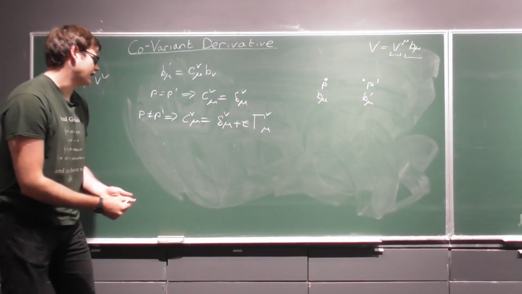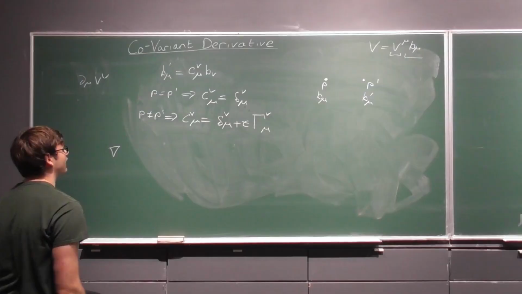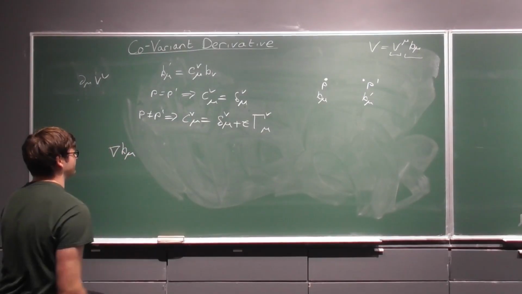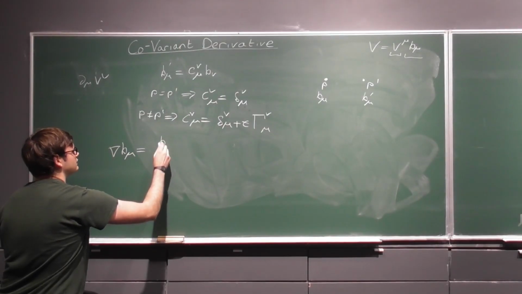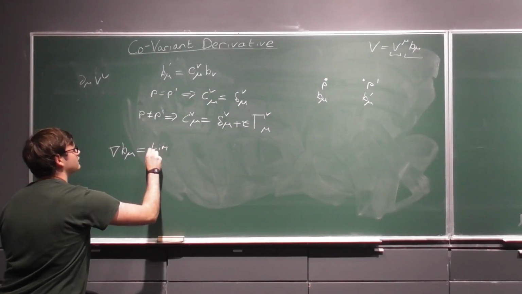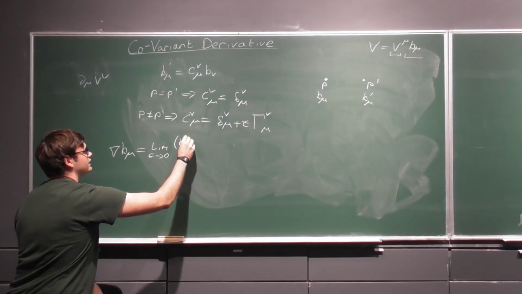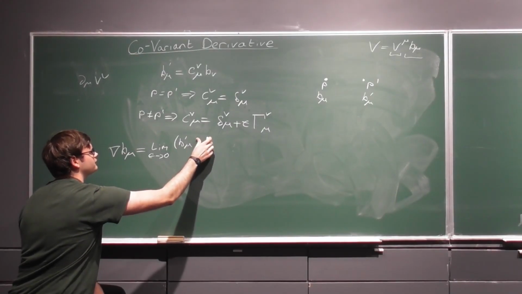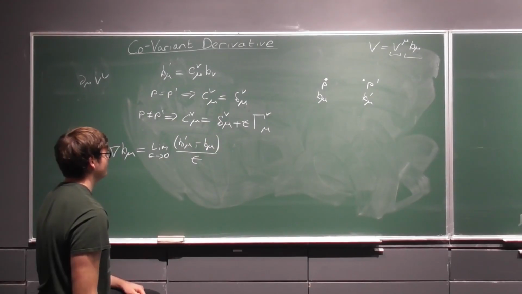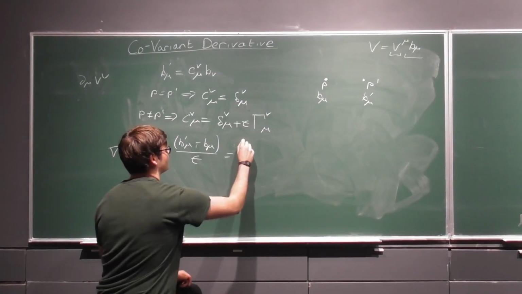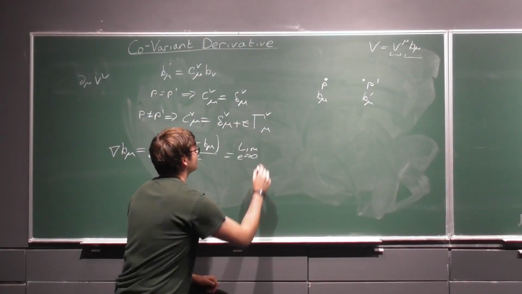It's close enough. Then how would we go about defining the derivative? If we were to take our covariant derivative of our basis vectors, then this would be the limit as epsilon goes to 0 of b prime mu minus the original b mu, all over epsilon. Well, then we can sub in what we have above. So that's the limit as epsilon goes to 0.